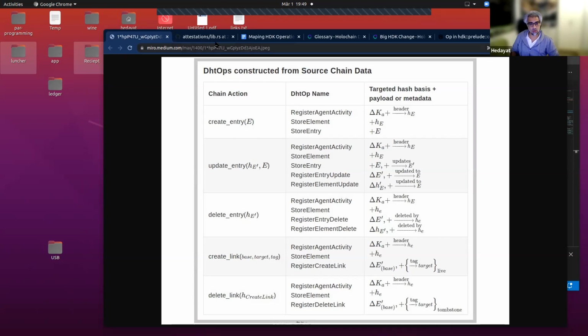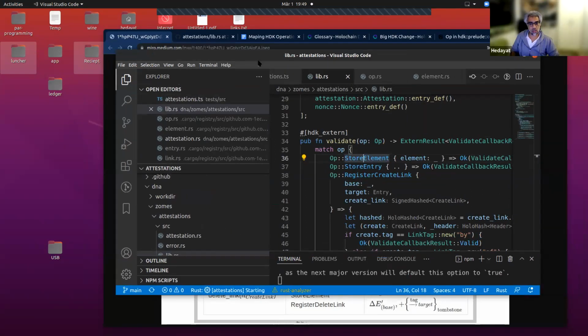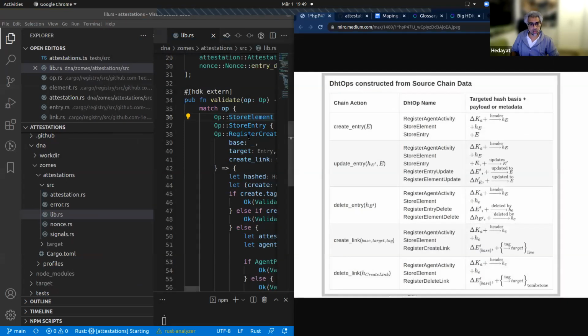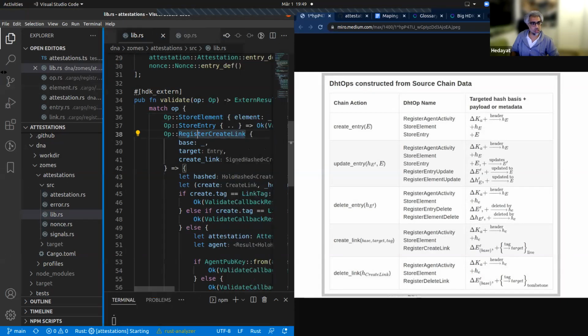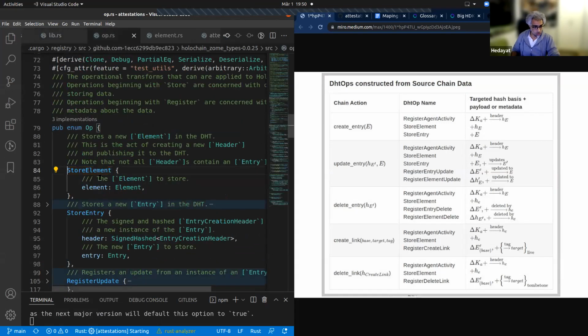So, yep. Okay, it means store element. Let me go to store element to see what's happening there. It is here: store a new element DHT.